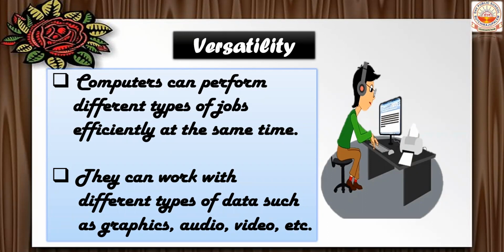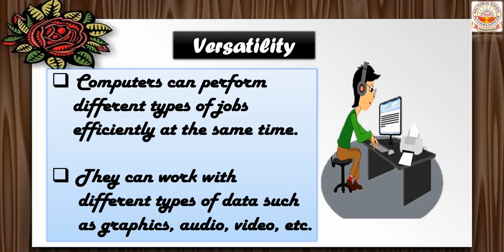The same time it supports the same user to browse the internet. And the same user can play the games or listen to music for entertainment. So understood, children, this is about versatility. That means it can perform different types of jobs at the same time. Okay, children.